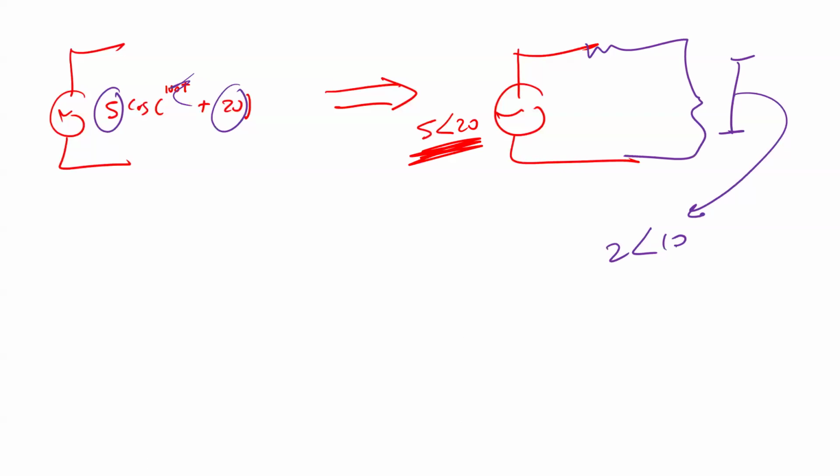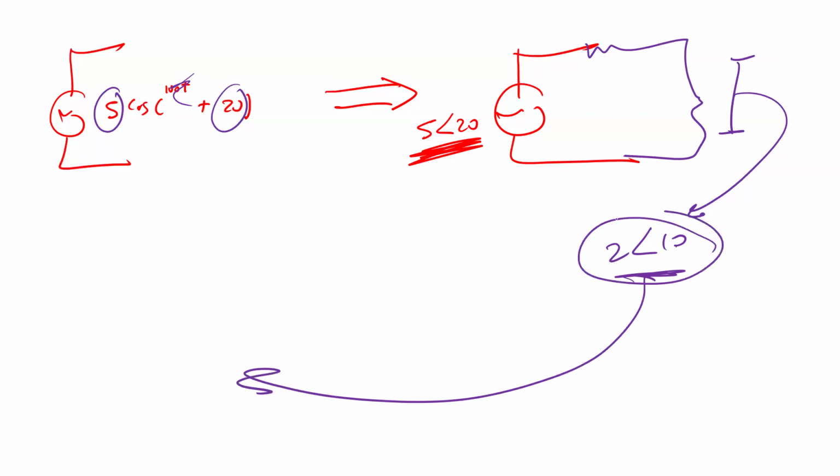This is in the complex domain. So if I want to convert the voltage across this resistor to the time domain again, it has to be 2 cosine omega t, which is 100t in this case, because I removed it to make the calculation easy, plus 10. Okay, guys, is that easy?